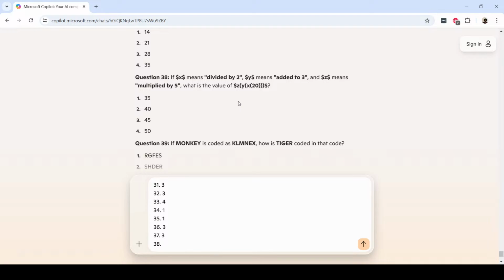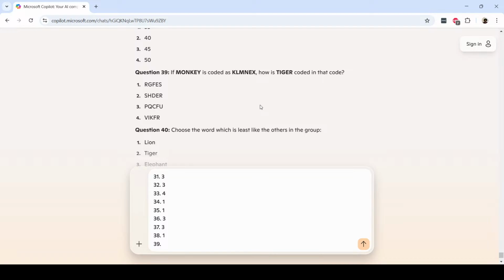So 7, 8, 9, 10, and added to 3, which is 4, 5, 6 and 7, and our divided by 2 will become 10. Instead of added to 3, if it is minus 3, then 7, then 35. So I will just go with 35, assuming it's a mistake here, that instead of added it is subtracted. So, okay, monkey is coded as this, how is tiger coded?